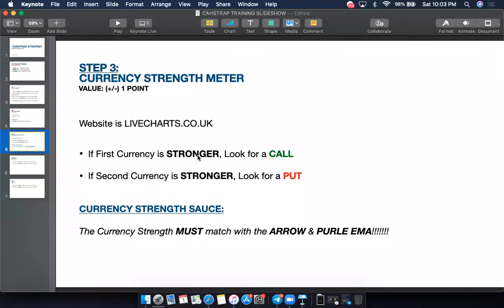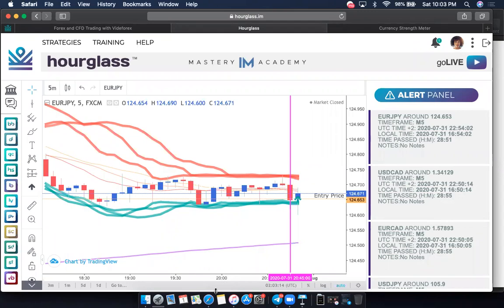That means we need the second currency to be stronger because we're looking for a put or a down arrow. So as you can see, all three steps are in unison with each other. And if there's any missing piece to those first three steps, you're at greater risk of losing that trade.